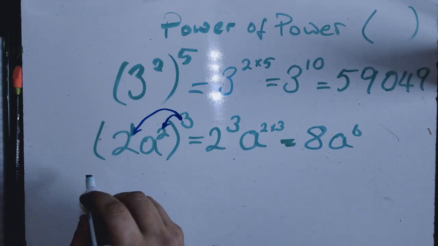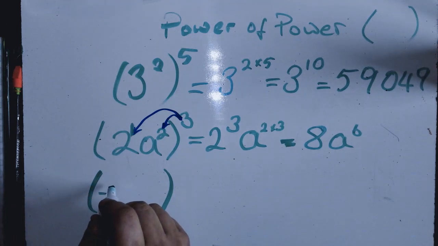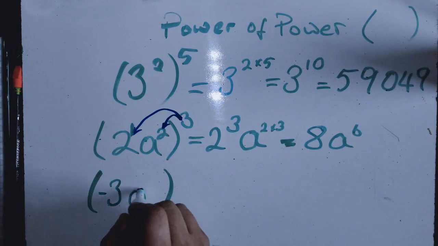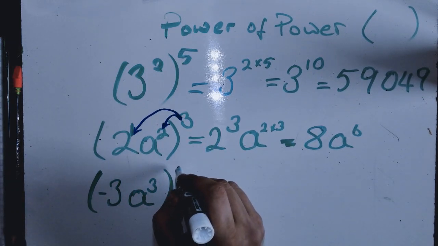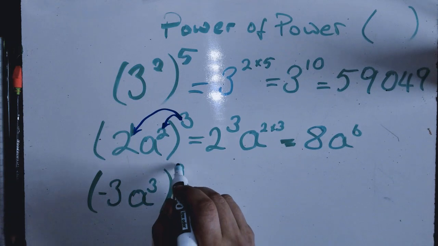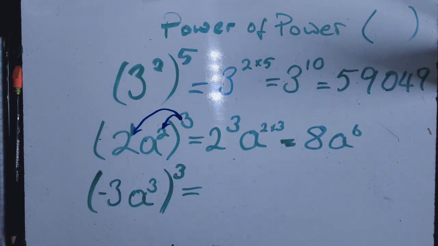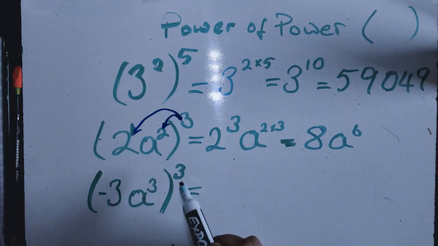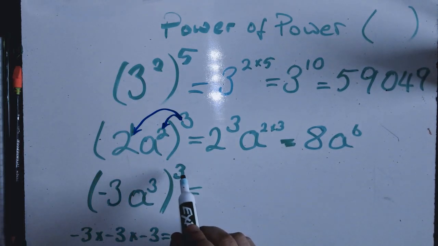What if I have a negative number? Negative 3 times a to the 3rd, all to the power of 3. Well, be careful. The exponent is an odd number. If I'm multiplying negative 3 by itself 3 times, I will end up with a negative value because the exponent is an odd number.